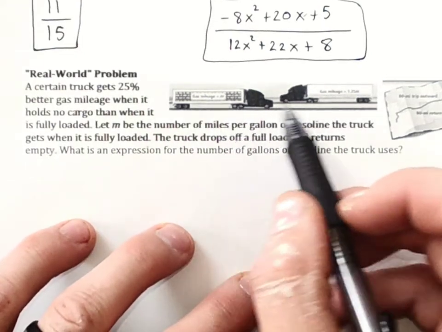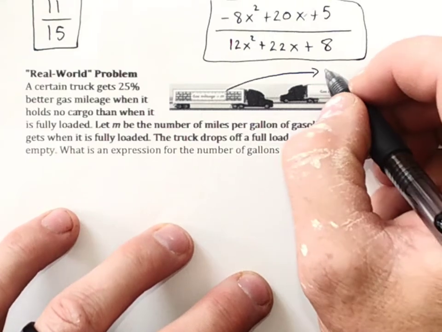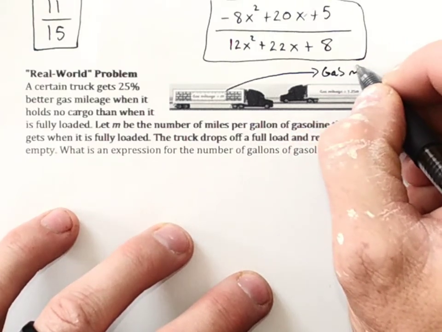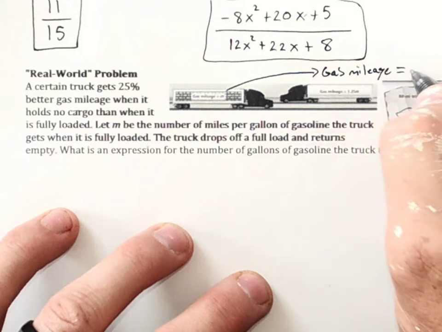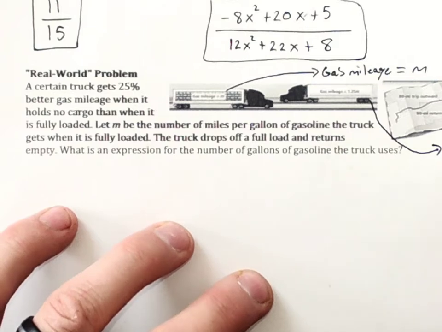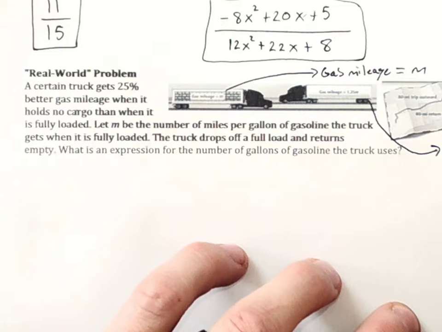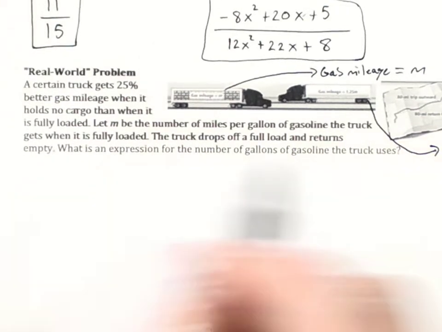Inside of this truck, it says gas mileage equals M. Inside of the other truck, it says gas mileage equals 1.25 M. So one of the trucks gets better gas mileage while the other truck gets worse gas mileage.